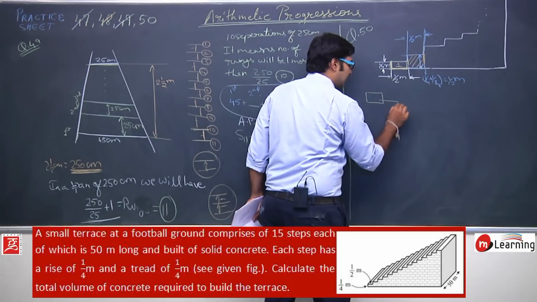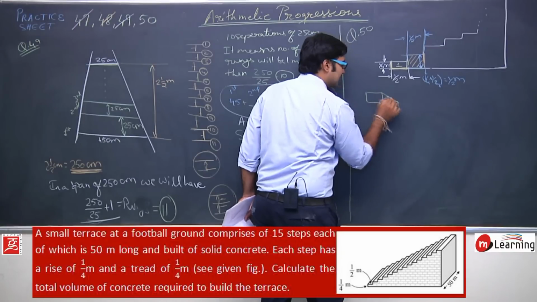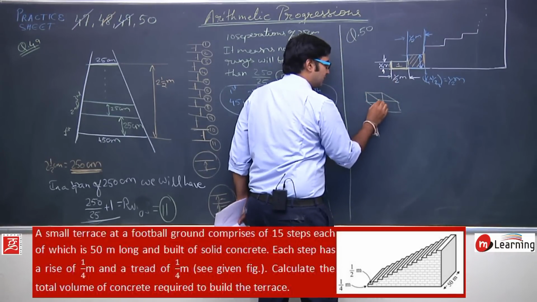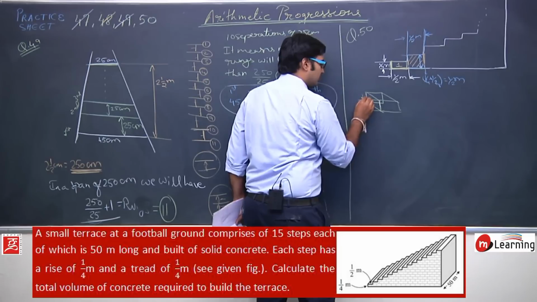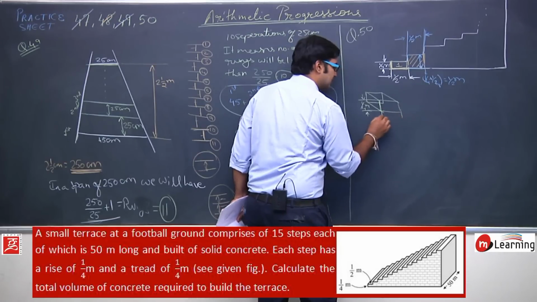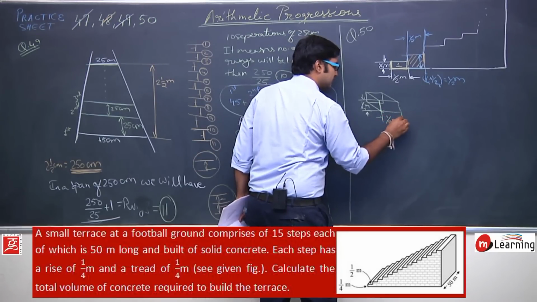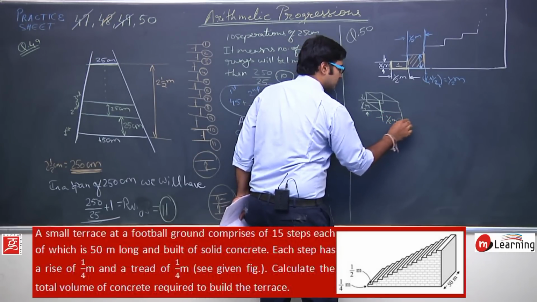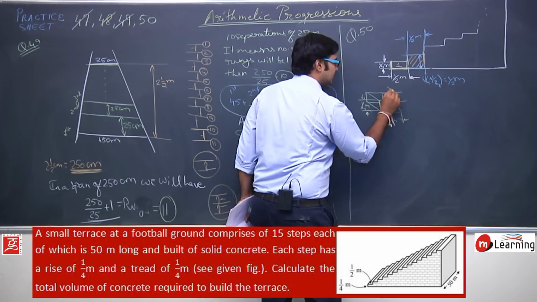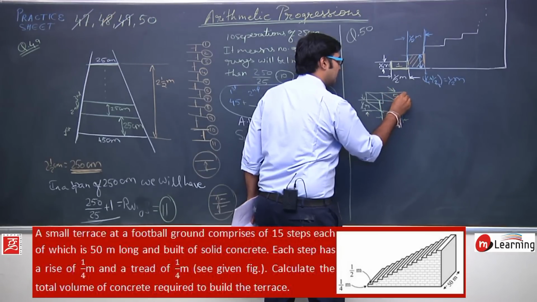If I draw a cuboid, this step will look like a cuboid in which this length is 1/4 meters, this length is 1/2 meters, and this length is 50 meters.